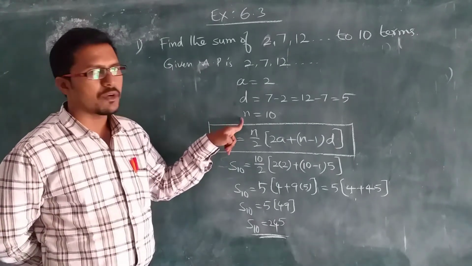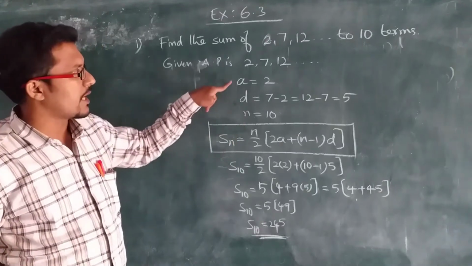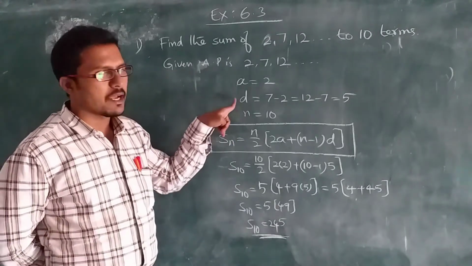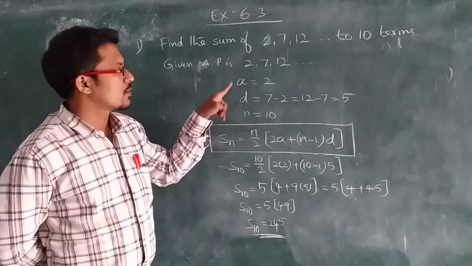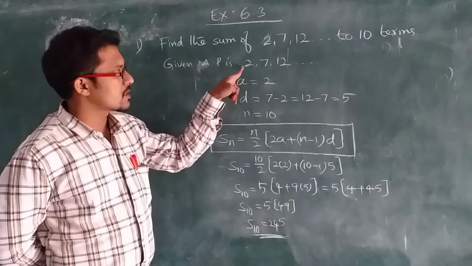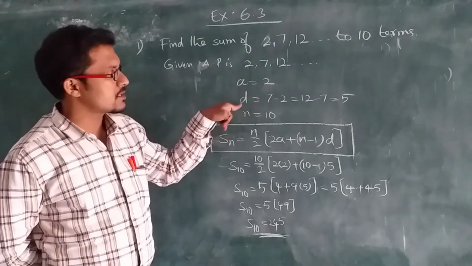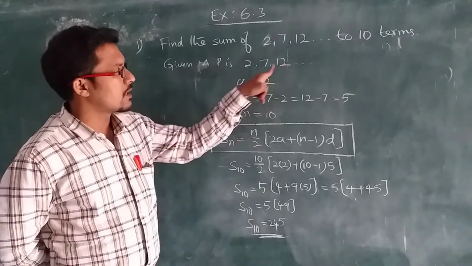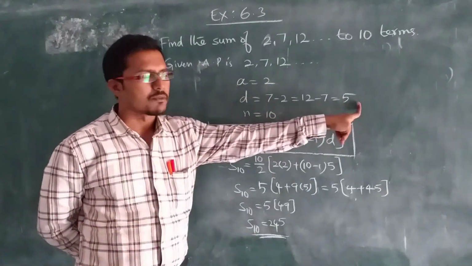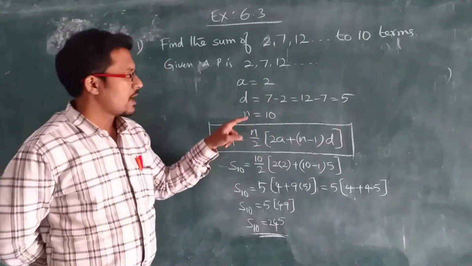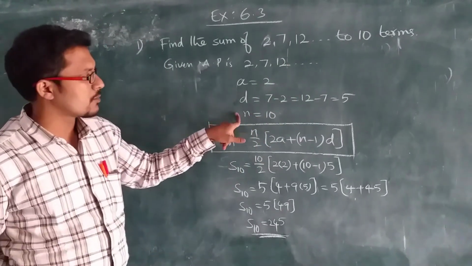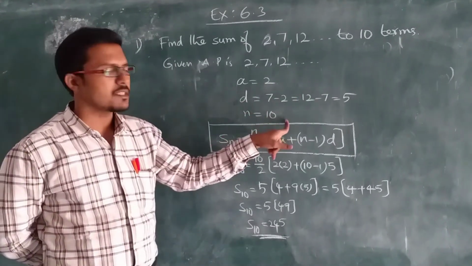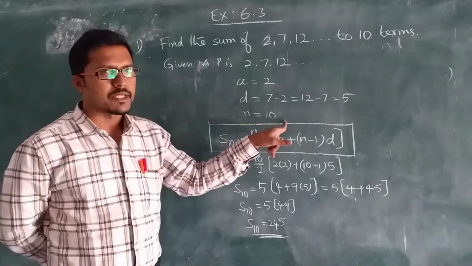Here a is given, d is given and n is also given. So, a is 2, the first term. The difference is 7 minus 2 or 12 minus 7, that is 5, so the common difference is 5. And the sum of how many terms we have to find is 10, so n is equal to 10.